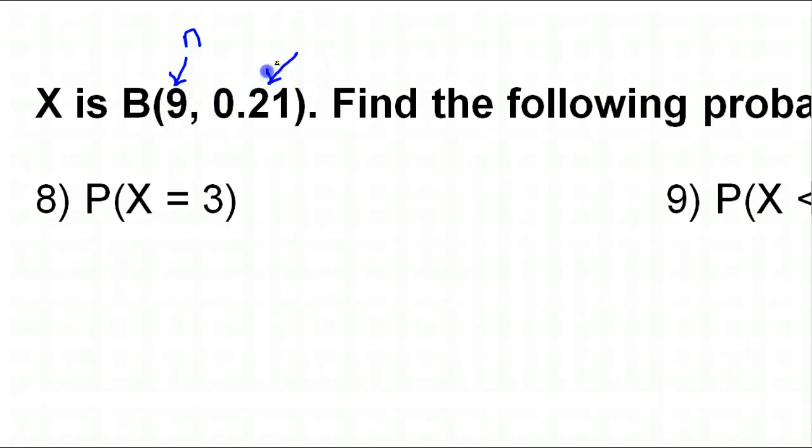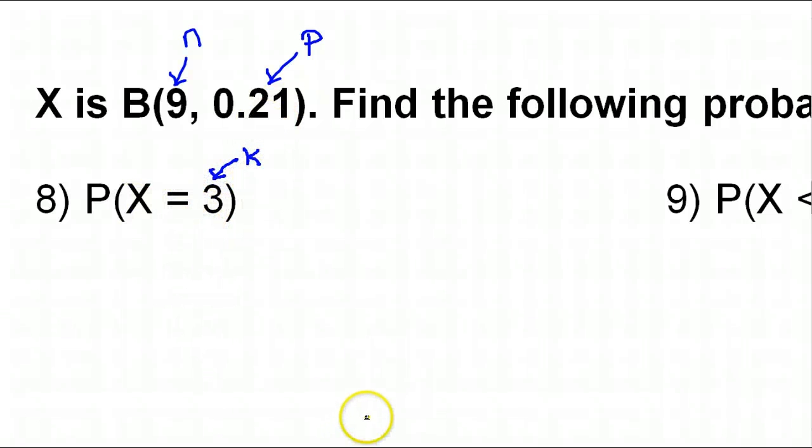This is the probability of success. So this is what you do. If I want to find the probability of 3 successes, because that's what this really means, then this is my k value.